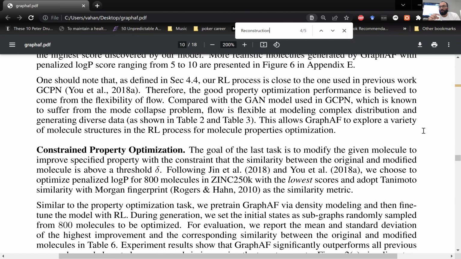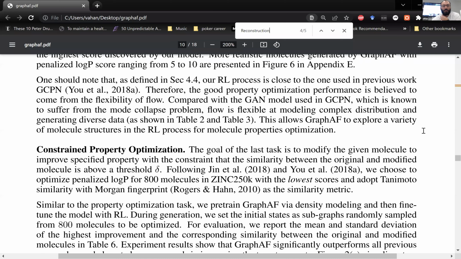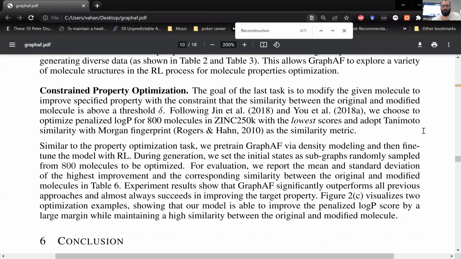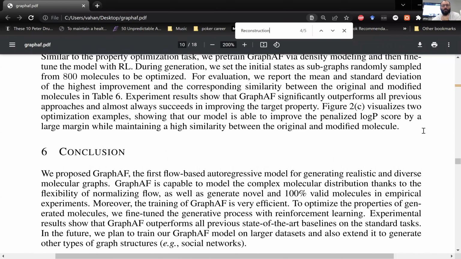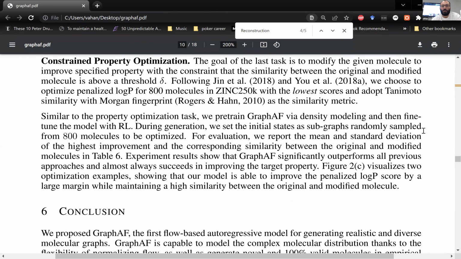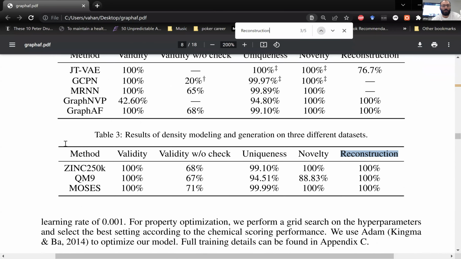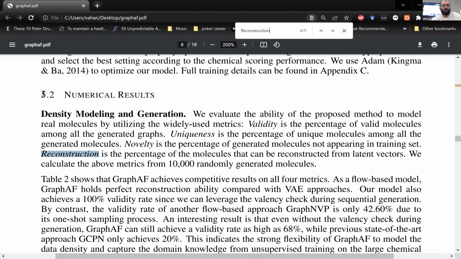So they would give the existing molecule as input. They explain their metrics somewhere. Yeah, here, right? I just found it here. If you look, 5.2.